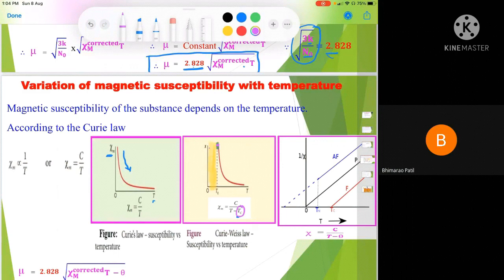Then if you plot the graph of the reciprocal of the molar susceptibility versus temperature, you will get three types of curve, depending upon the type of the material.